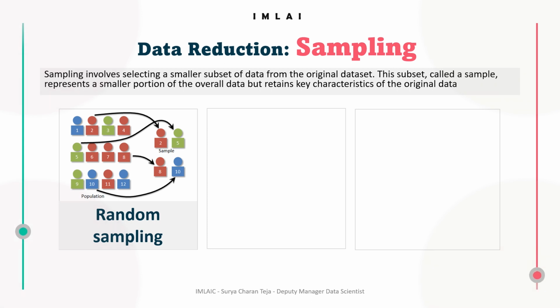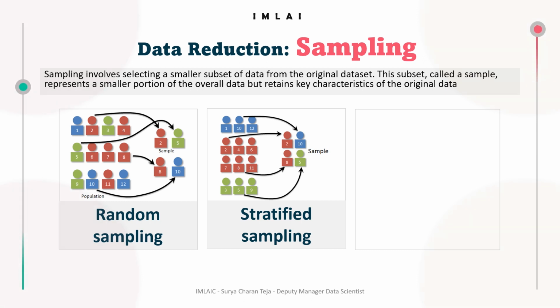And next we have stratified sampling. Stratified sampling involves dividing the data set into different strata. This is the overall data set, which has been divided into different strata: the blue color strata, red color strata, and green color strata, or groups, based on certain criteria, and then selecting samples from each stratum proportionally.